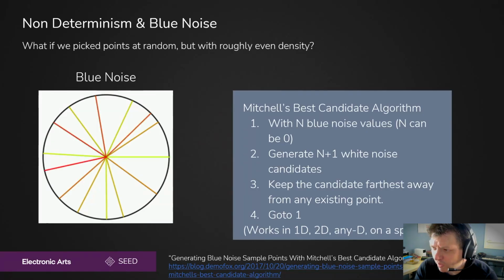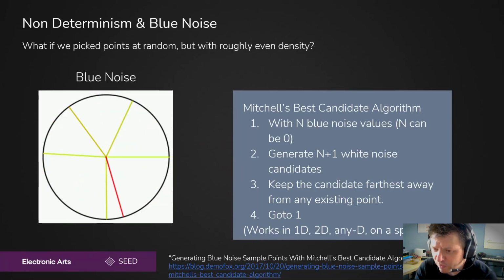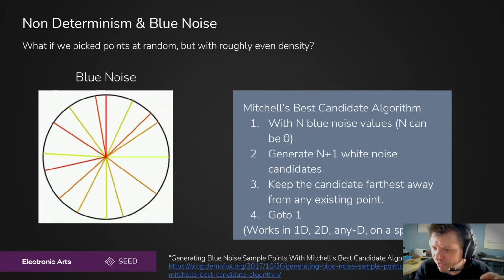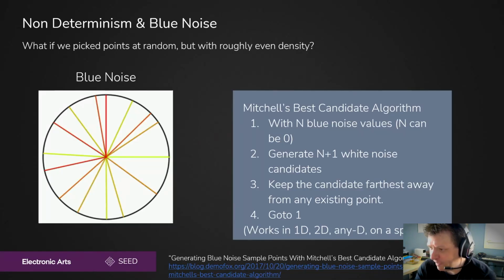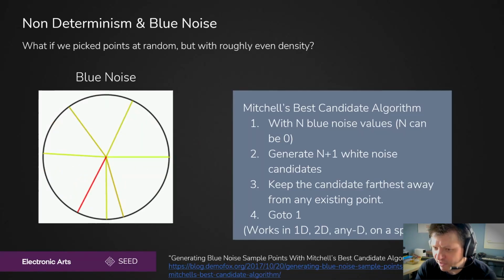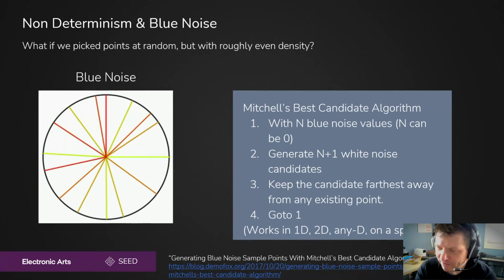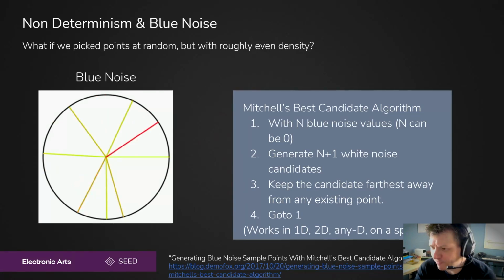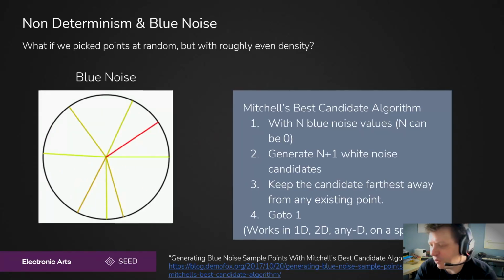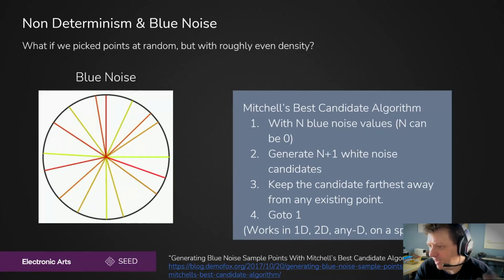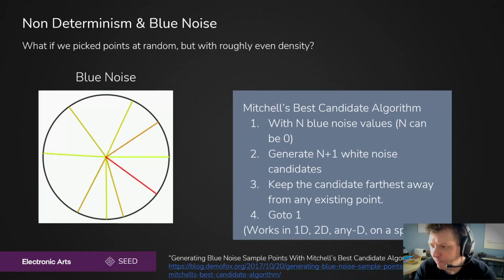And it is randomized, but the points are not completely independent from each other, right? Like I was saying that with a coin flip, each one is independent from each other, where a previous coin flip does not affect future coin flips. Well, with blue noise, that isn't the case. Future coin flips are impacted by previous coin flips.